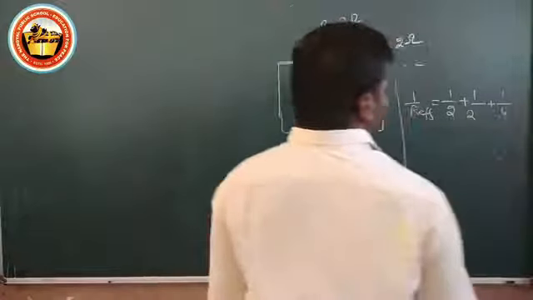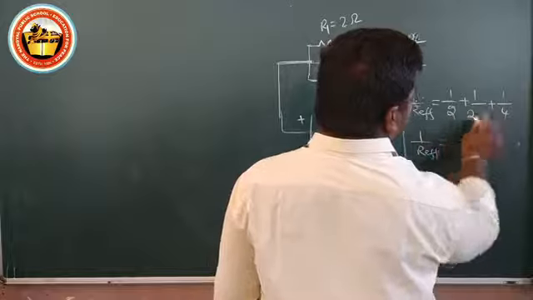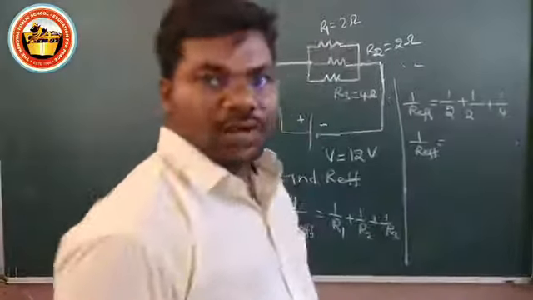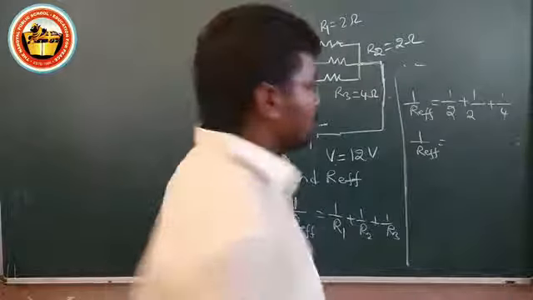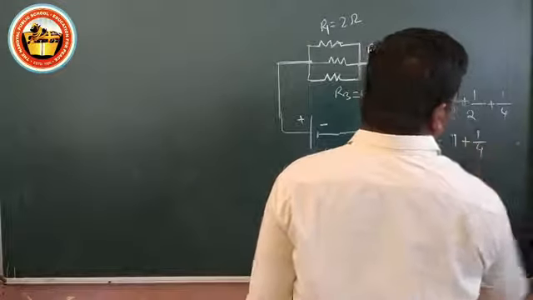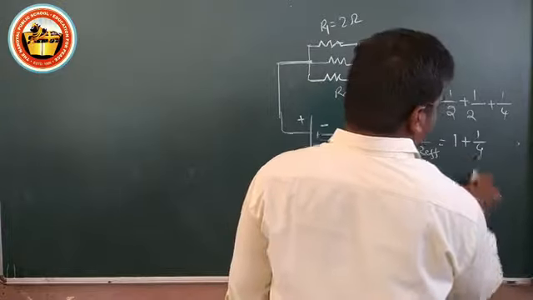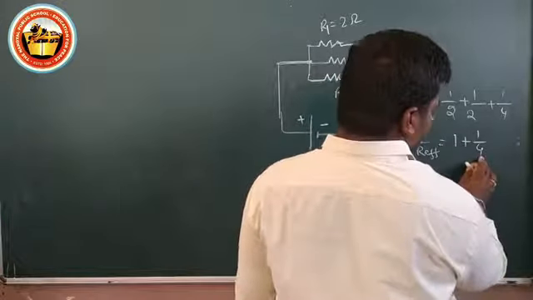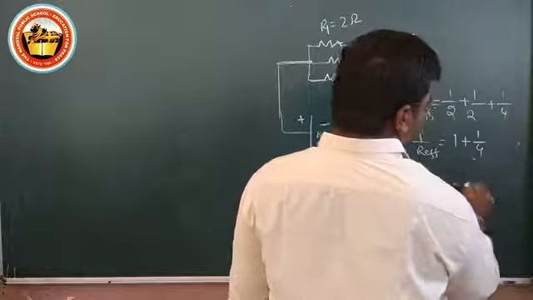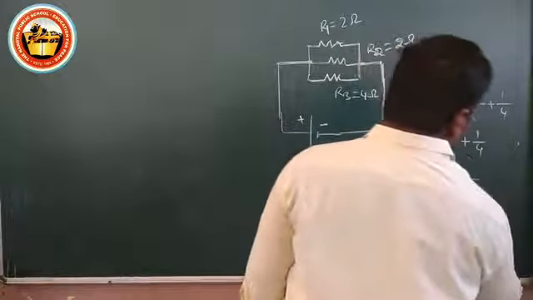So 1 by R effective is 1 by 2 plus 1 by 2, which is half plus half, equal to 1. Then 1 plus 1 by 4. By LCM, 4 ones are 4, plus 1 is 5, so 5 by 4.